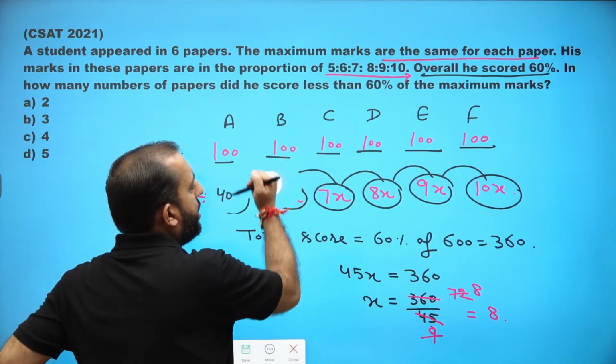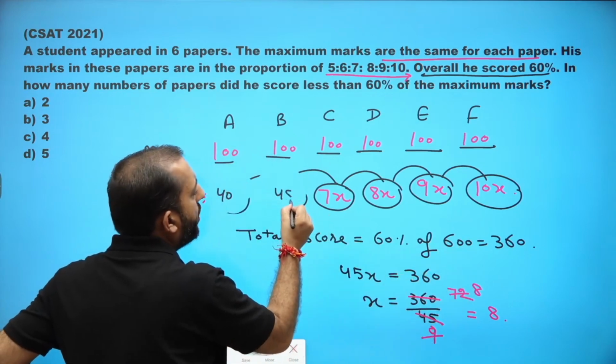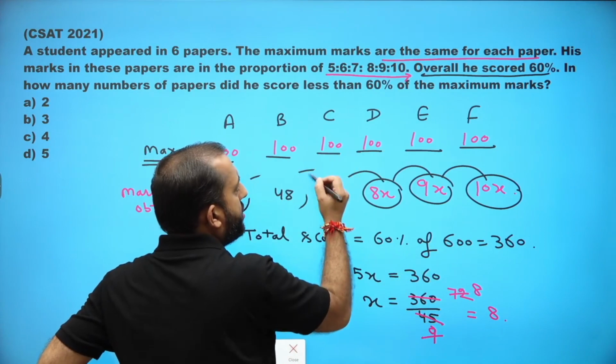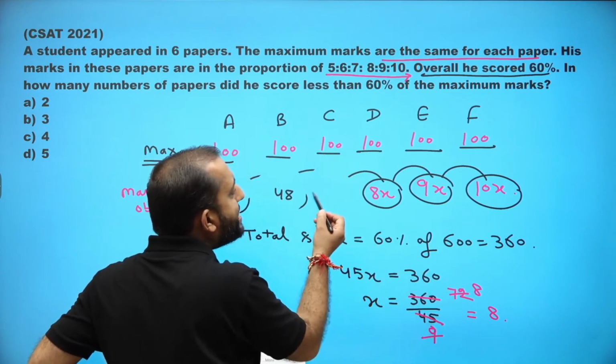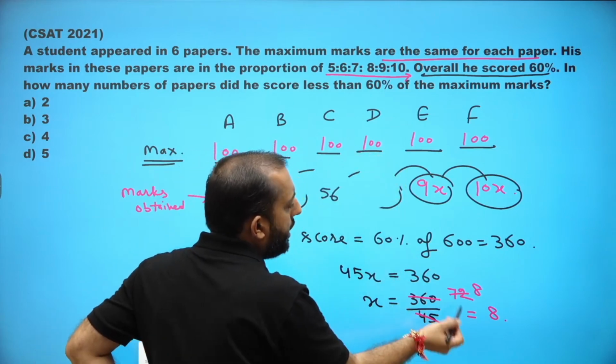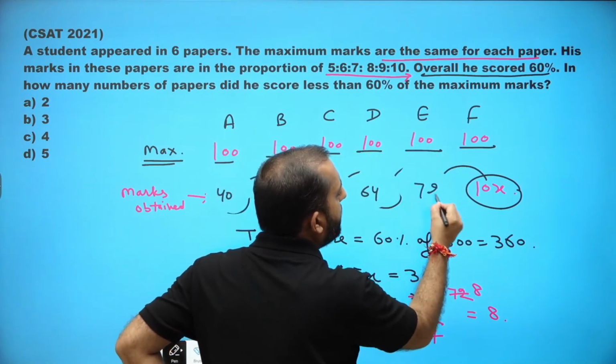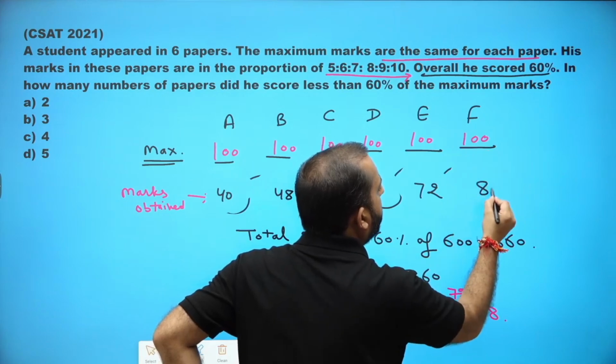In paper B, his marks should be 6x, which is 6 into 8, 48. Similarly, in C, it should be 7x, which is 7 into 8, 56. D, 8x, 8 into 8, 64. 9 into 8, 72. 10 into 8, 80.